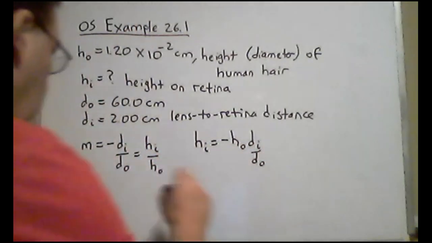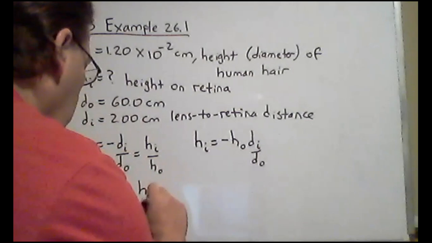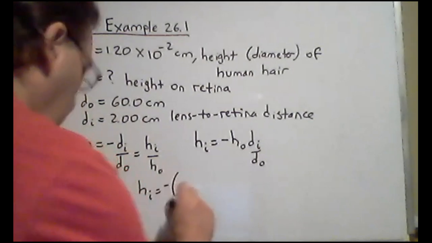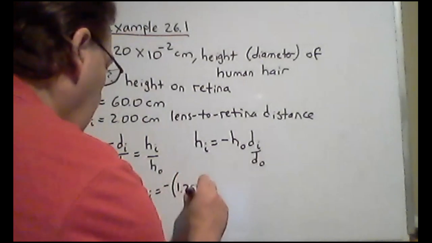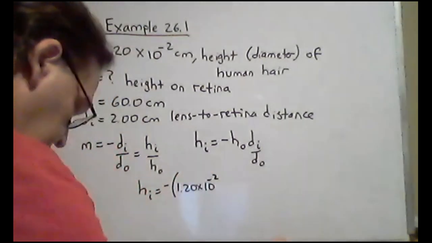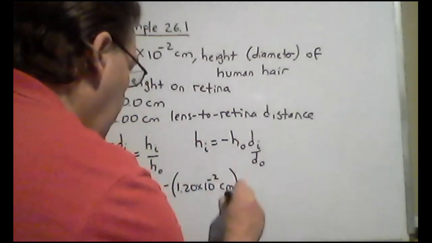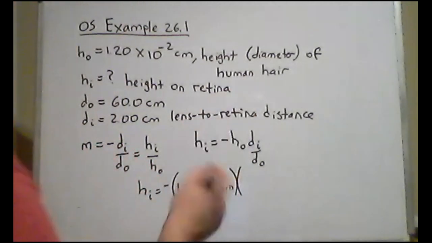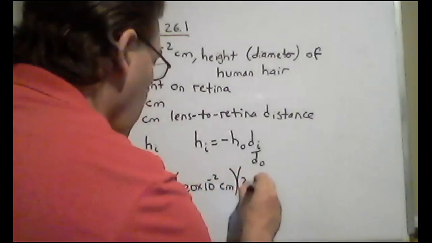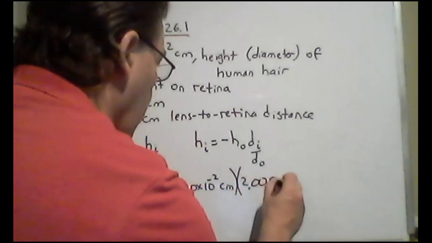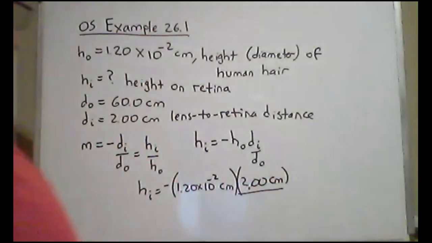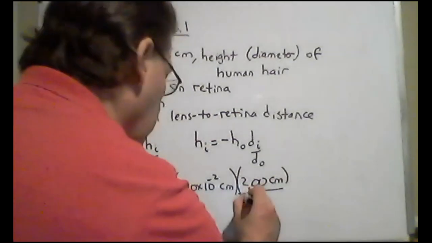All right, so we get h sub I equals negative 1.20 times 10 to the negative 2 centimeters, times d sub I, which is 2 centimeters, over 60 centimeters. With these optics calculations, you can do them all in centimeters or however you want, because you're not multiplying numbers together to get forces and energies. You're really just looking at distances.